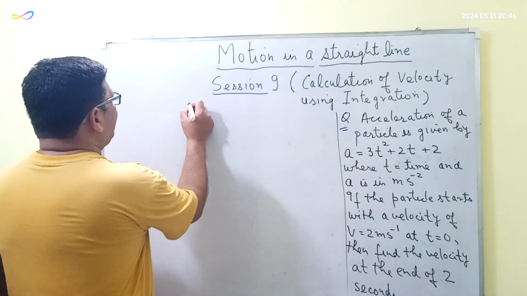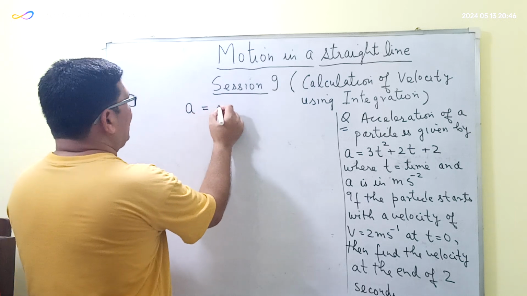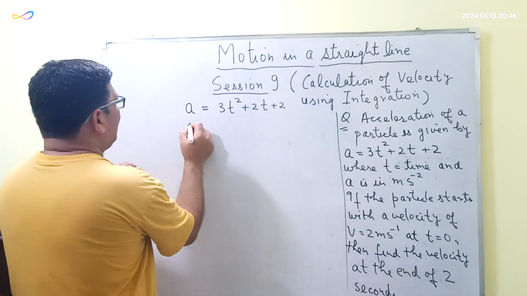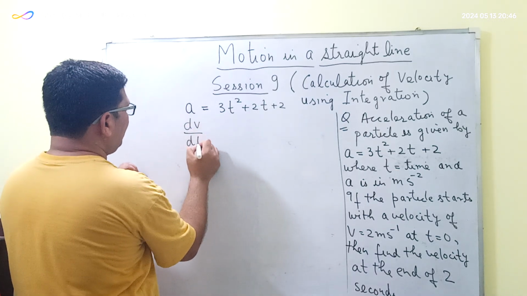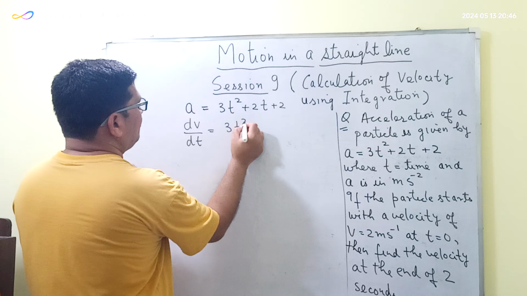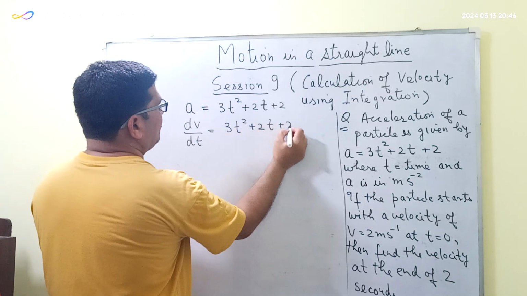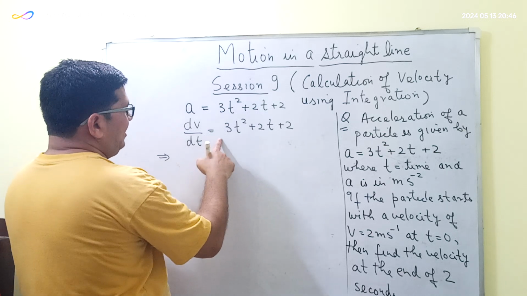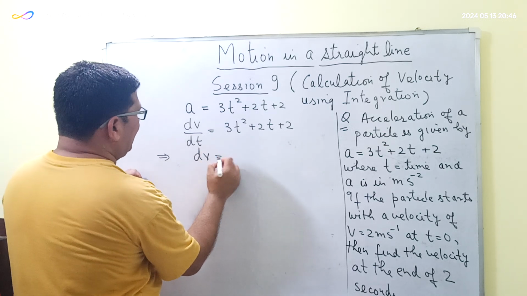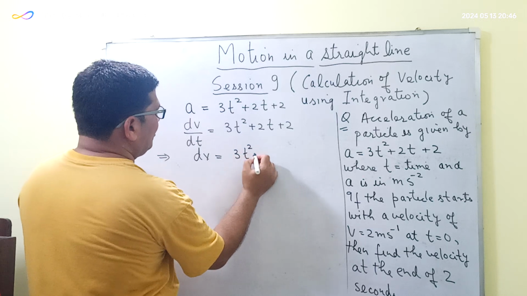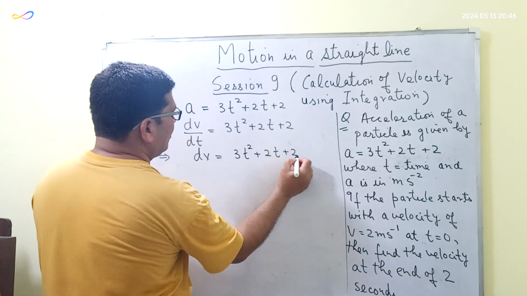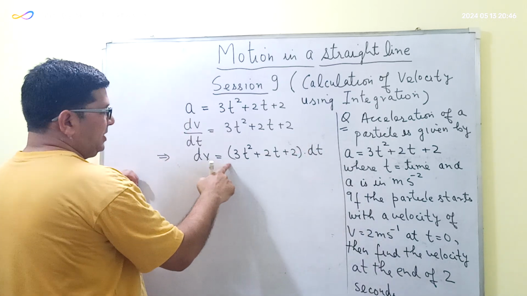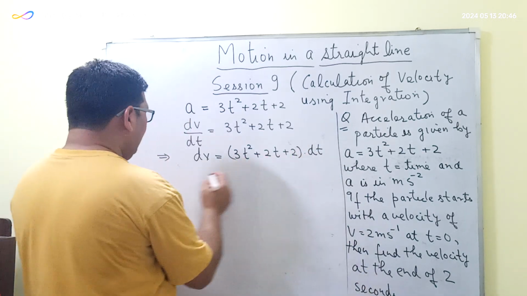So here I will be writing this acceleration as dv upon dt. Now, acceleration is equal to dv upon dt, and this equation can further be written as dv is equal to (3t² + 2t + 2) dt.